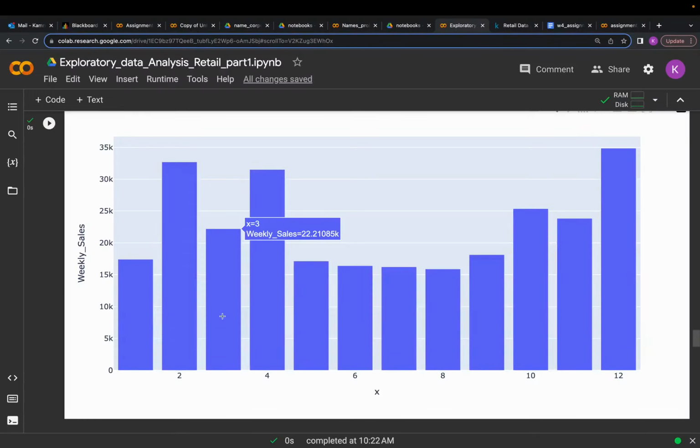Here you will clearly see some seasonal behavior of the sales. So if we look at month 12, this is the holiday season month, and the store and the department is selling the highest. But what other information can we guess from this graph? So let's look closely.